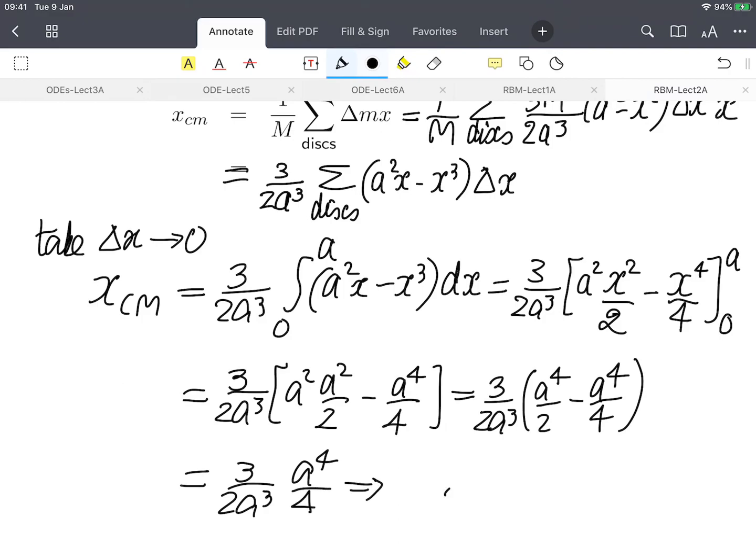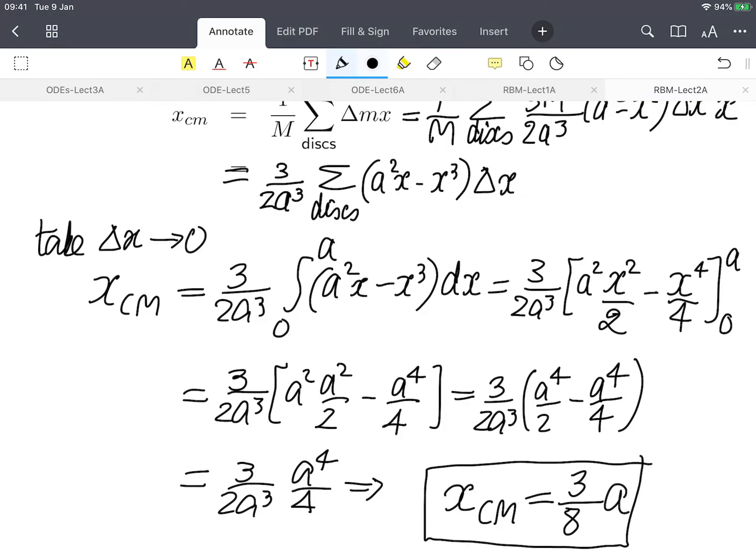And so I found that the center of mass for a solid hemisphere is at 3/8 of a. So nothing obvious there. No way you could have guessed that. And different from the shell.